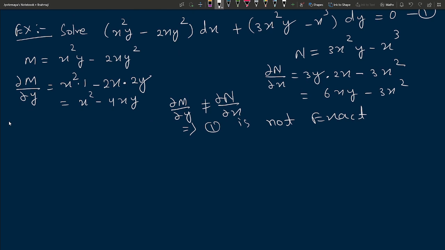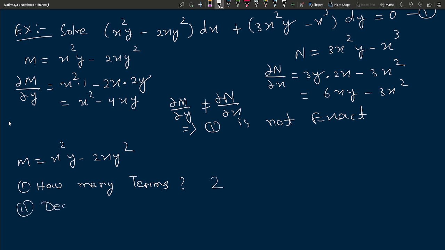I had already told you a rule to examine homogeneous or not. Now see, M is x square y minus 2xy square. How to test homogeneous? You examine how many terms are there. There are 2 terms.